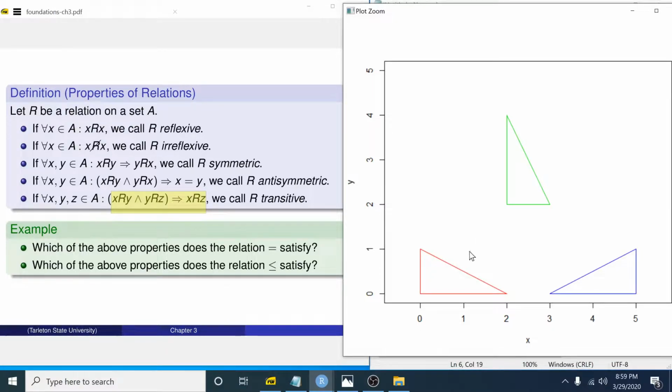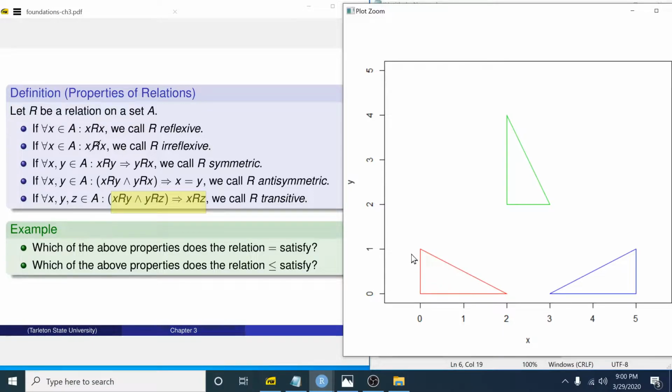Now, I want to distinguish slightly between something. We can say that two triangles are congruent, but they can actually be different triangles. So for example, this red triangle and this blue triangle are different in the sense that they have different locations in space and they are oriented differently. The red triangle has its right angle at the origin, 0, 0. The blue triangle has its right angle at the point 5, 0.